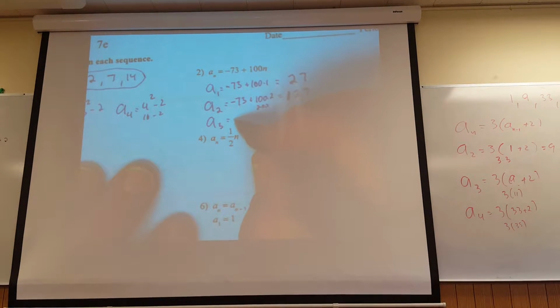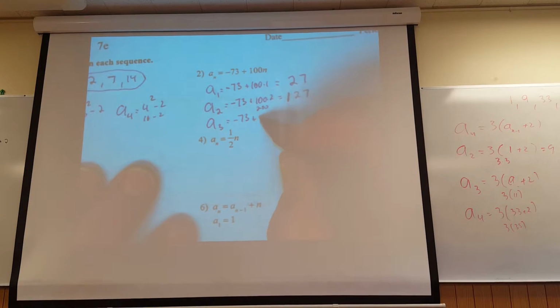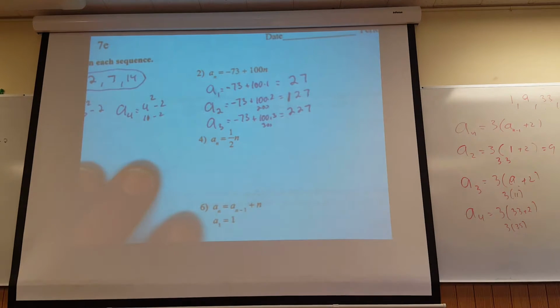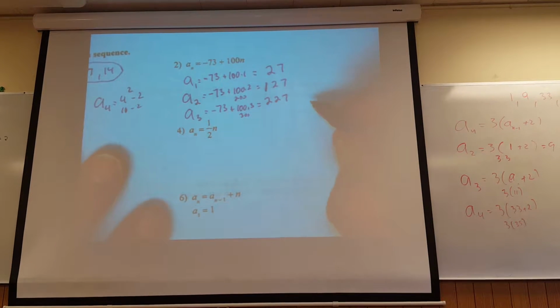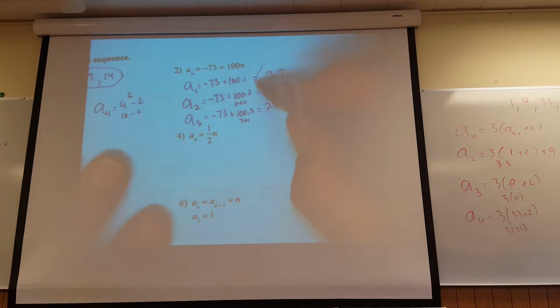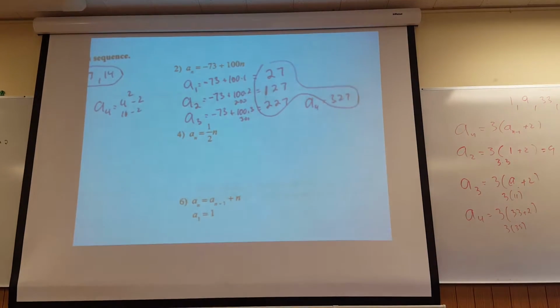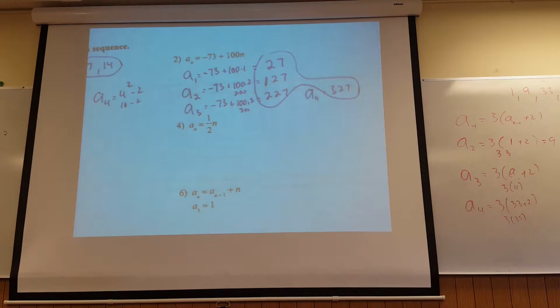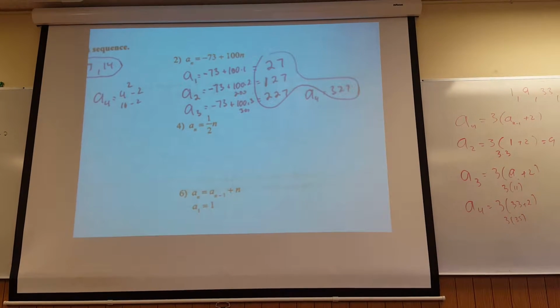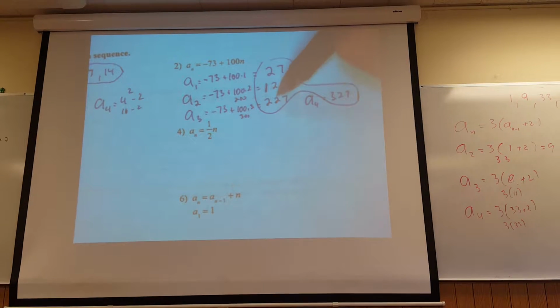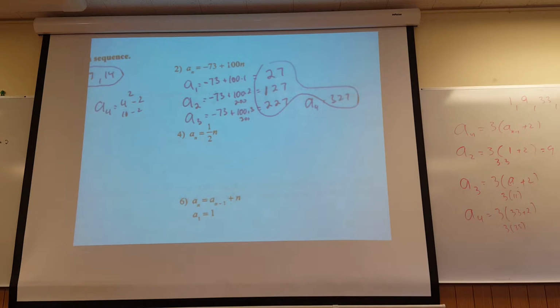The third term is negative 73 plus 100 times 3, or 300, and that's going to be 227. Any guess what the fourth term would be? So it's going to be 327. So there's your sequence right there. Okay, now this pattern is different, it goes up by 100 every time. Okay. All right, number 3.